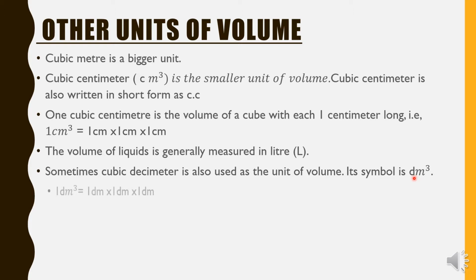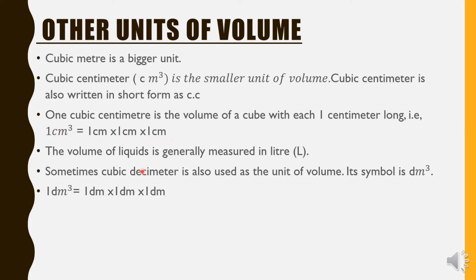Okay children. So how do we define it? Whenever we write m raised to the power 3, that is known as cube. 1 decimeter cube means 1 decimeter is multiplied 3 times. When we write 1 centimeter cube, it means 1 centimeter is multiplied 3 times.